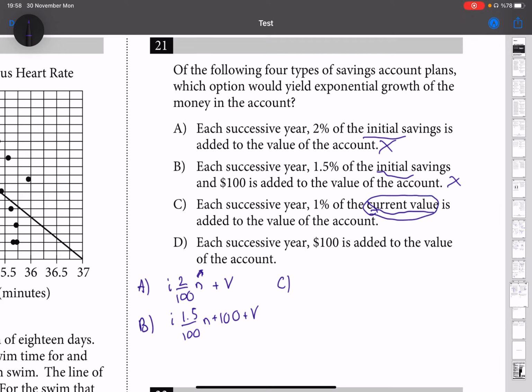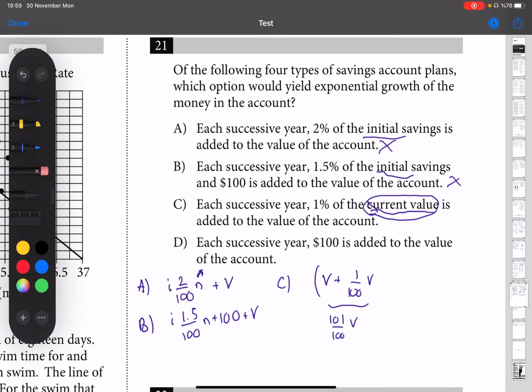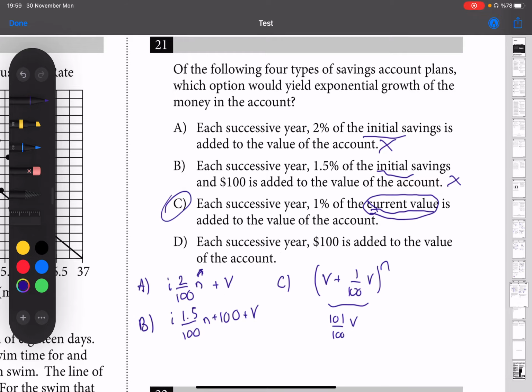So current value plus 1% of the current value, multiplied by each year. This is 101 over 100 to the power n. So this is an exponential function because n is appearing at the top. So the answer is C.